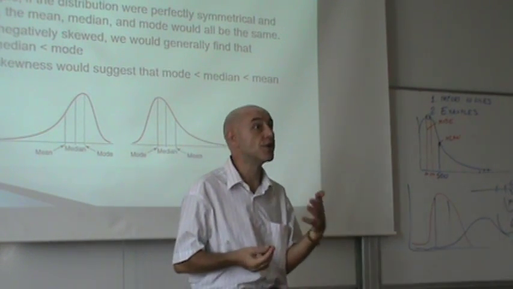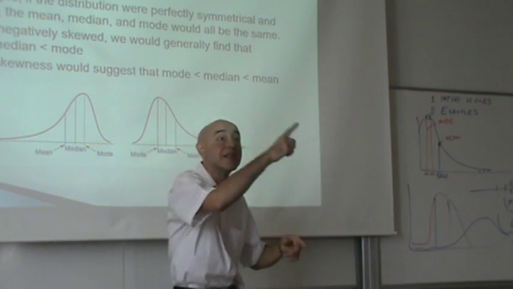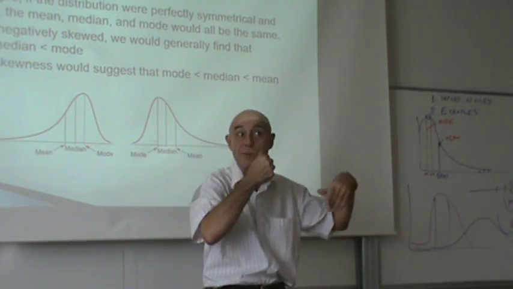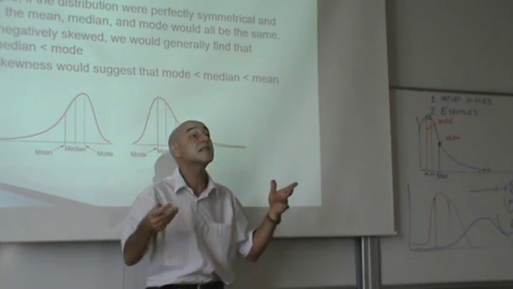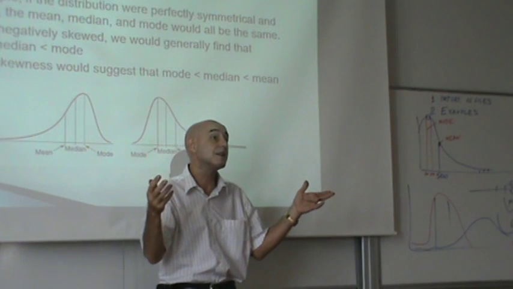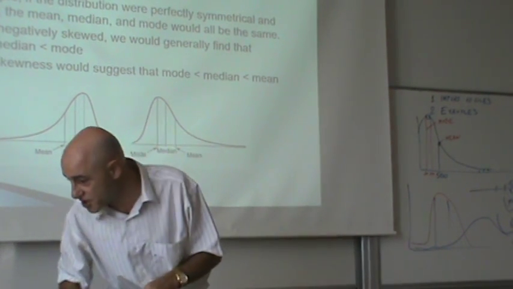So, yes, you get 3, but that's rare. Maybe you'll get 3 in the distribution of height in this class. You're all the same age, you're all somewhat representative, and your kurtosis, if we take your height, may likely be 3, okay?